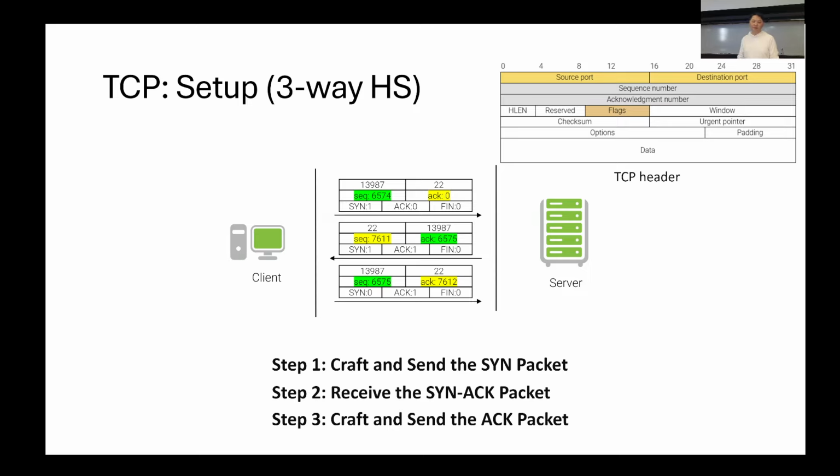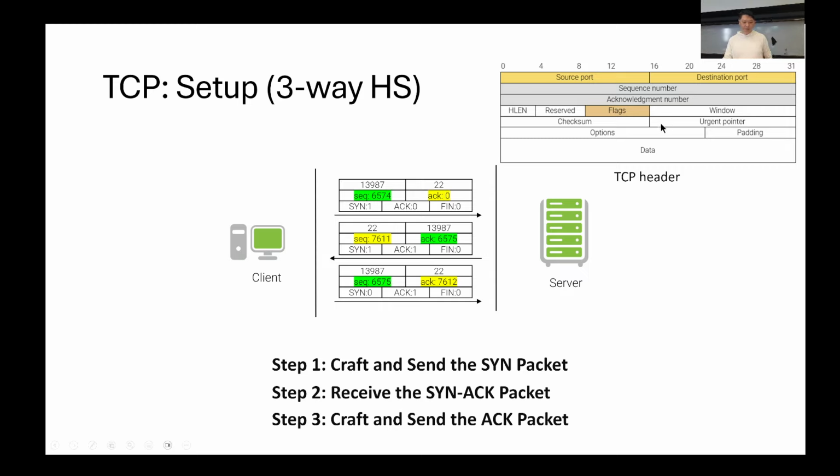So you have to make the SYN packet first, then the ACK packet, and lastly another ACK packet. You have to keep track of the sequence and acknowledgment numbers to make it work.